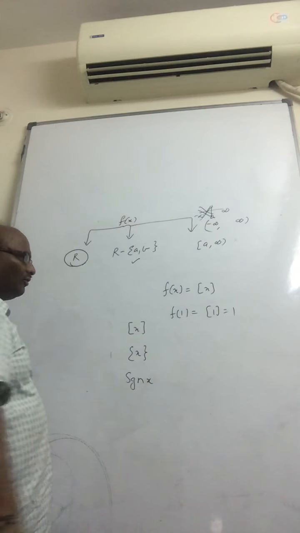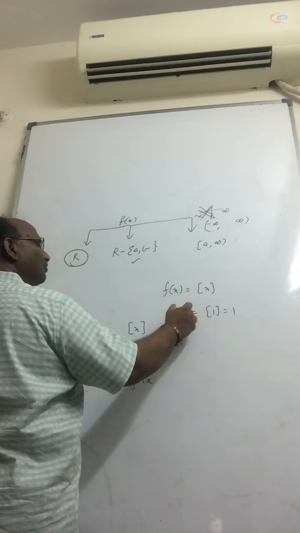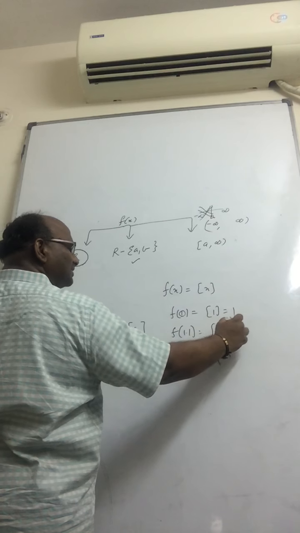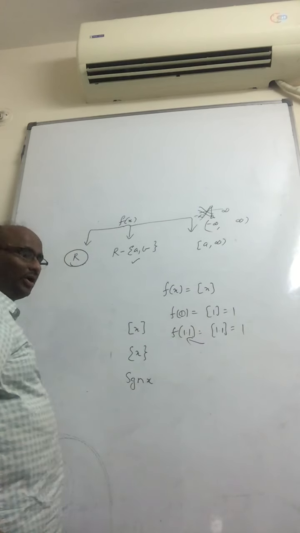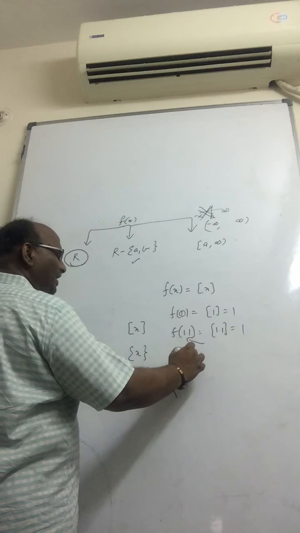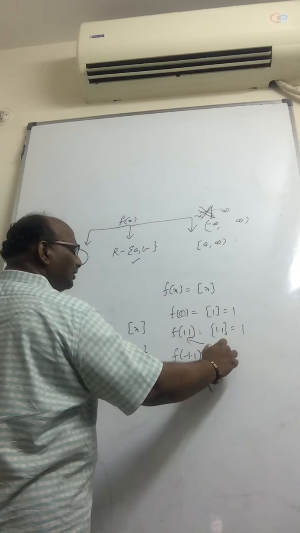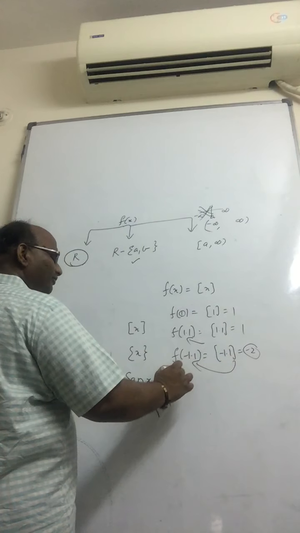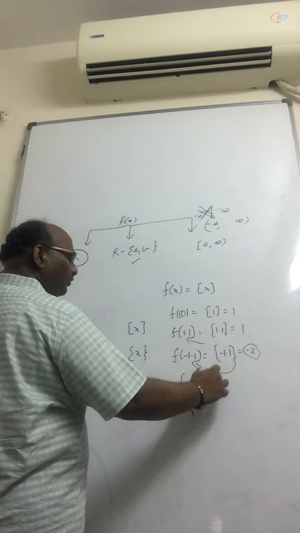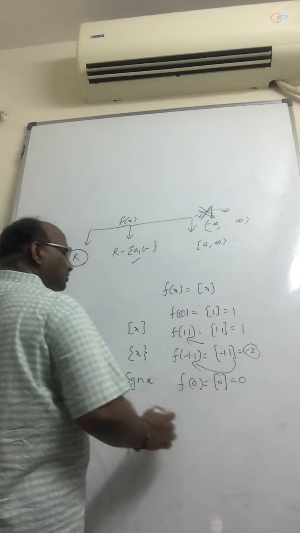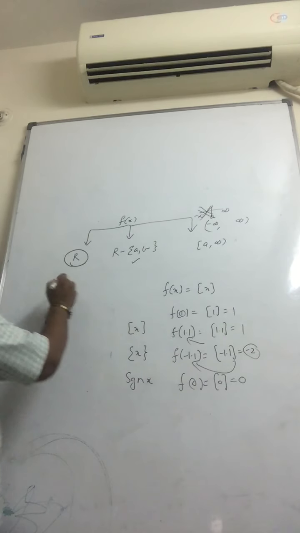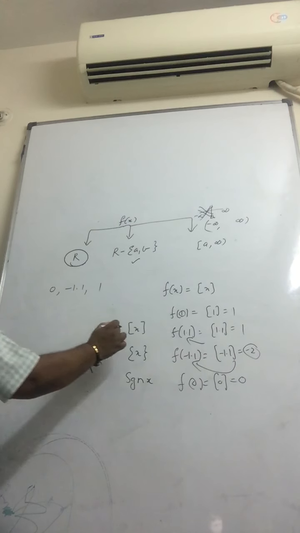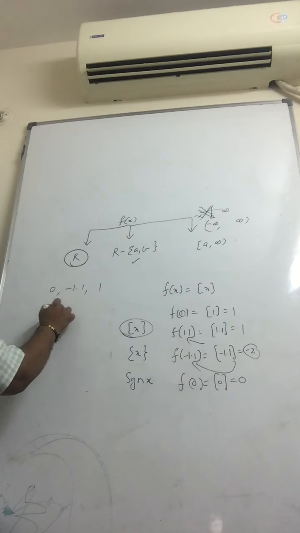It is defined for 1, it has a value. 1.1 you take, it has some value, it is defined for 1.1. F of minus 1.1 you take, the box of minus 1.1 has a value. It is defined for negatives. 0 if you take, you get 0. So that means it is defined for 0, negative numbers, positive numbers. So its domain is also real numbers.